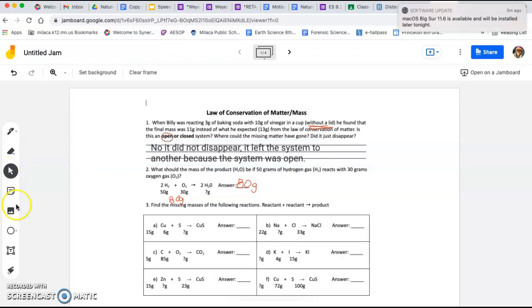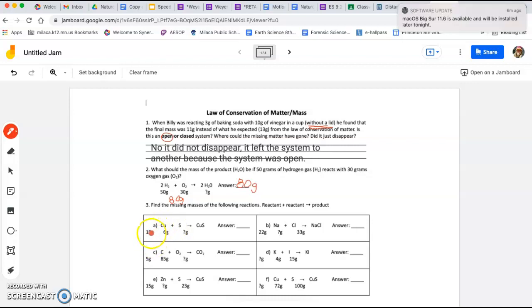All right, let's go do a couple of these down here. I want to do A and D, and then I'll let you guys do the rest of those. So here we have copper and sulfur that are reacting. It's okay if you don't know the names of those, but you know it's Cu and S, and you could find the names on the periodic table.